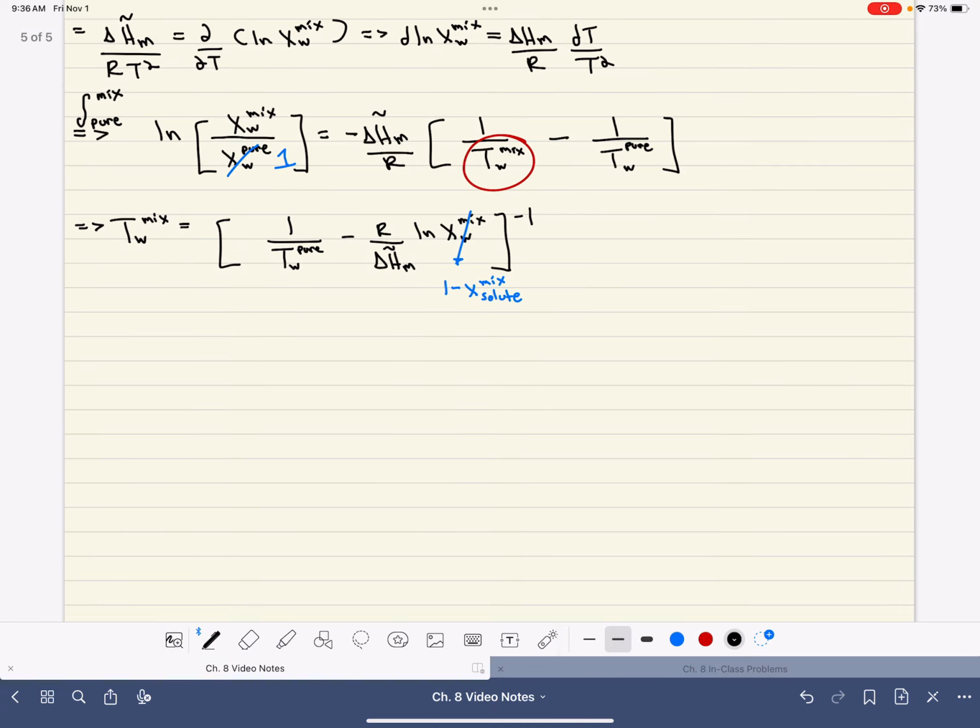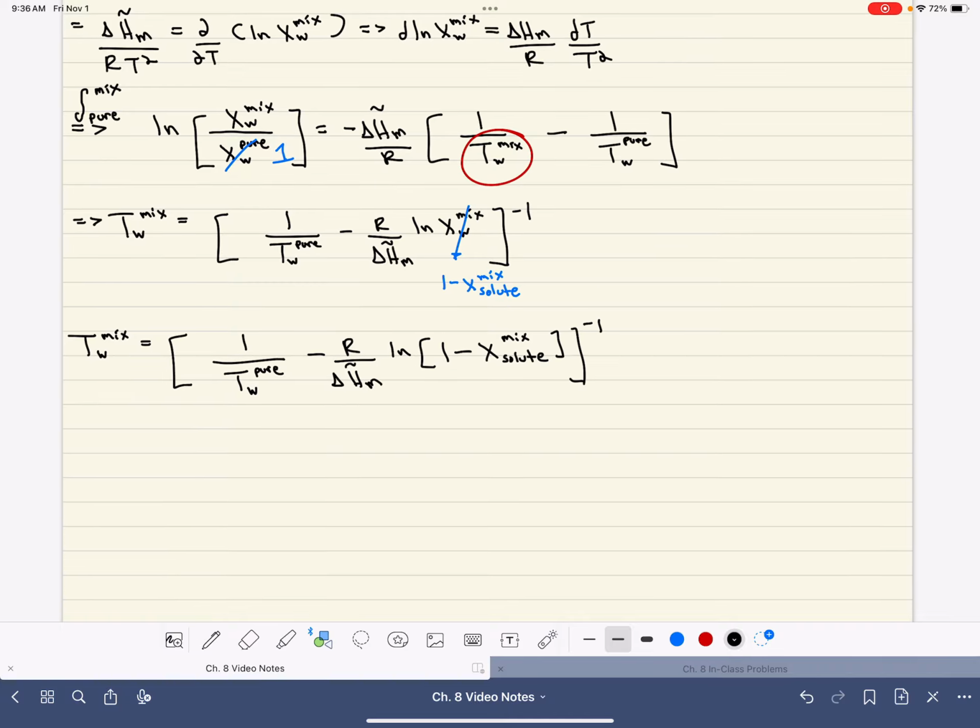And so in the end, we could describe the freezing point temperature now as a function of the mole fraction of salt in the mixture. Okay? And so I'll box this in.